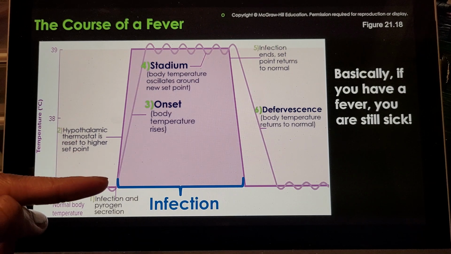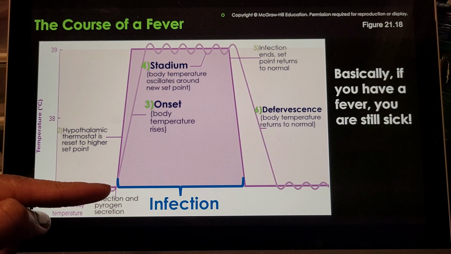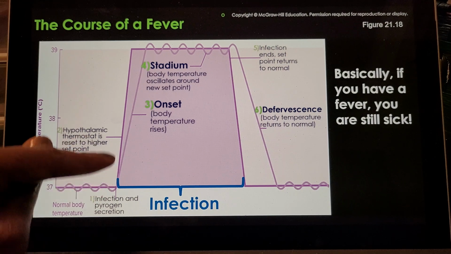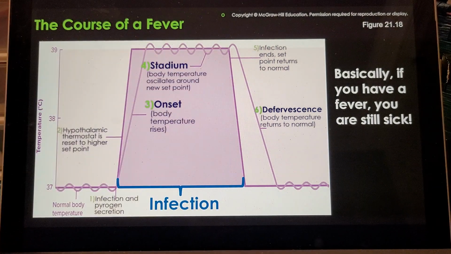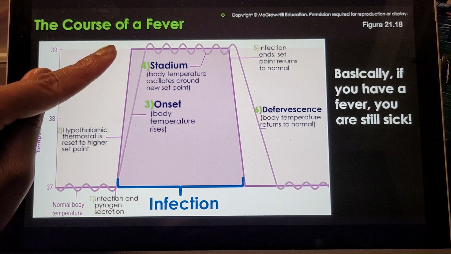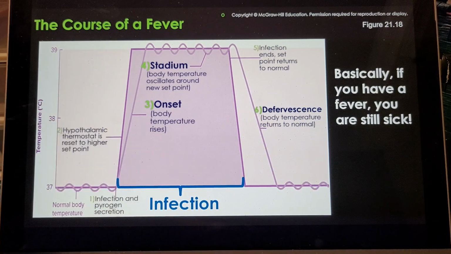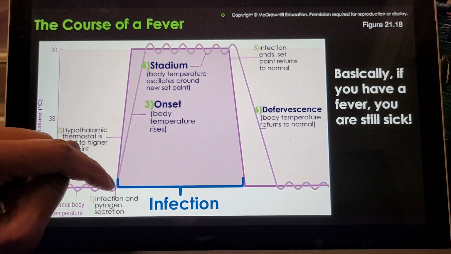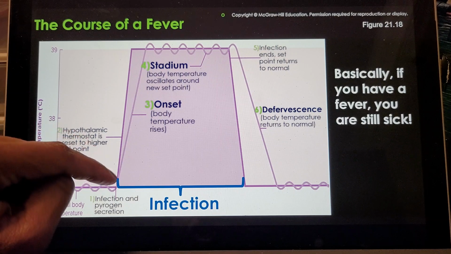So here we have the start of an infection. And our infection is this, I forgot what those things are called. Trapezoid? Something. Anyway, the square-looking one, it's a little wider on the ends. I think it's called a trapezoid. Anyway, here's our infection.